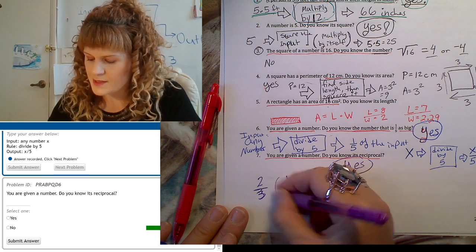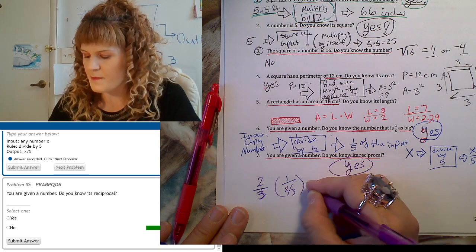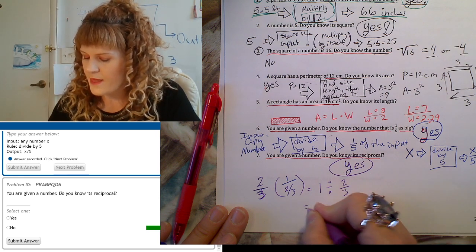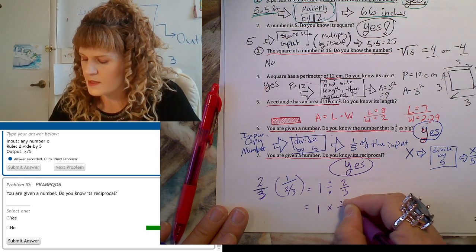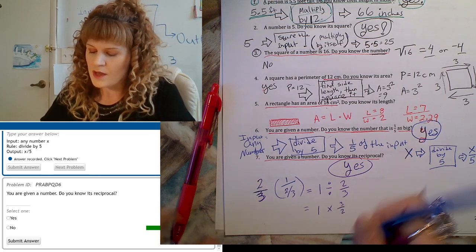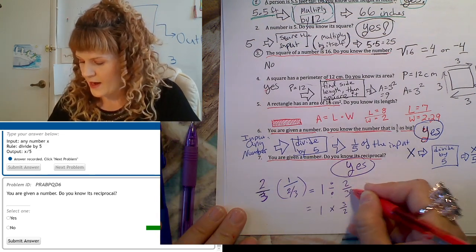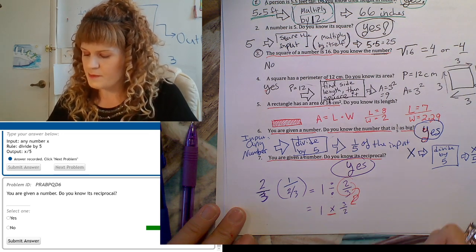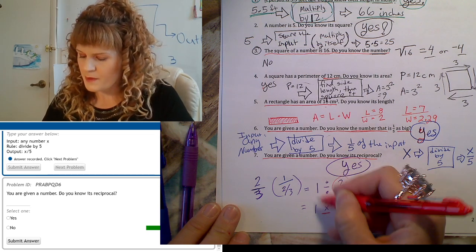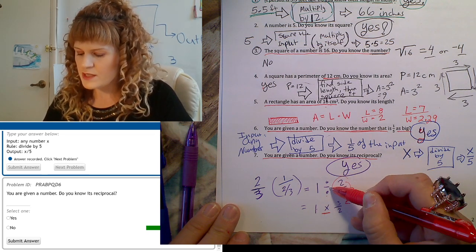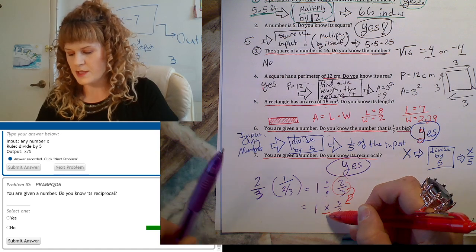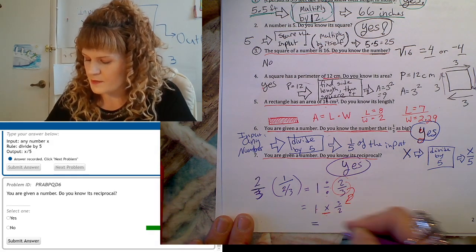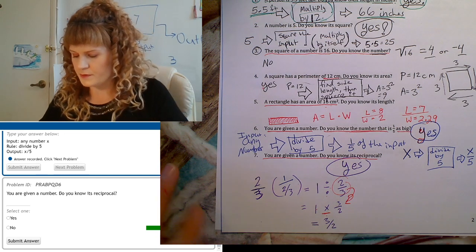And then to simplify this math, you've got to remember keep, change, flip. 1 divided by 2/3 equals 1 times 3/2, because when you divide by a fraction, you flip over the fraction and you change to multiplication. So keep the 1 the same, change the division to multiplication, and flip the fraction. And that's how you get the reciprocal of 3/2.